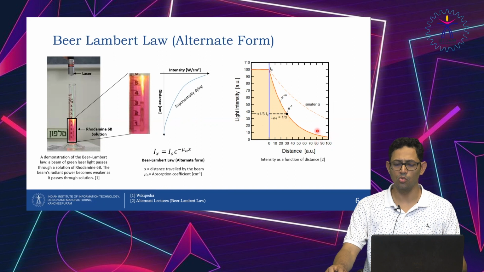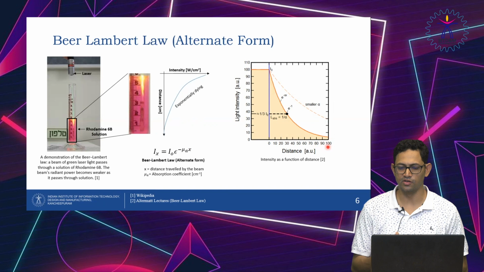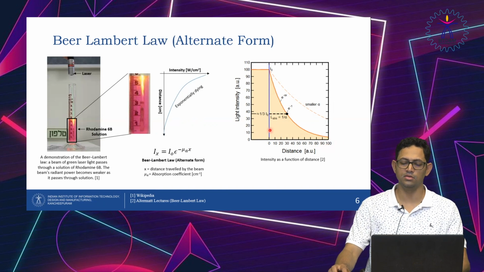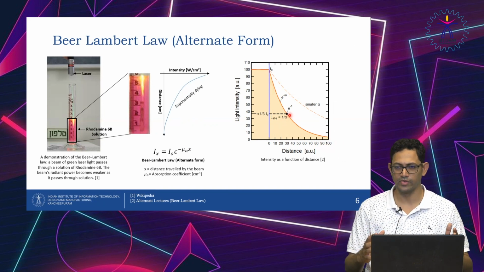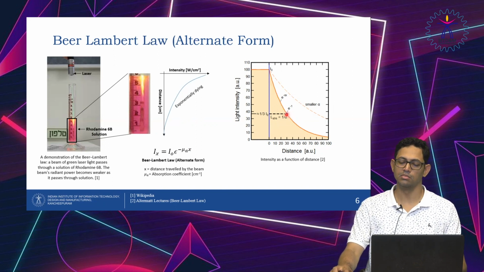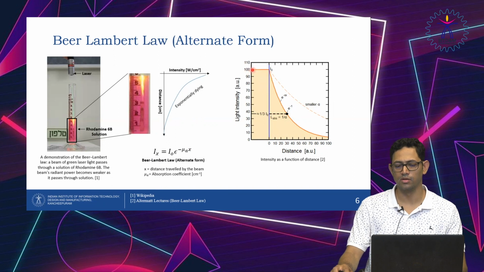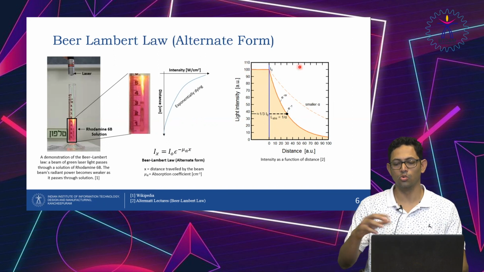Now you want a way to know what the penetration depth is, right? So usually the penetration depth is defined as the distance at which you get the light intensity as 1 over e of your incident light source. For example, if the incident light source is around 100, you just multiply 100 by 1 over e, right?